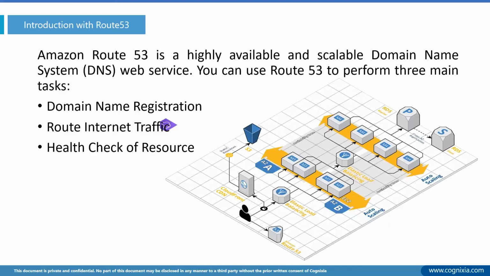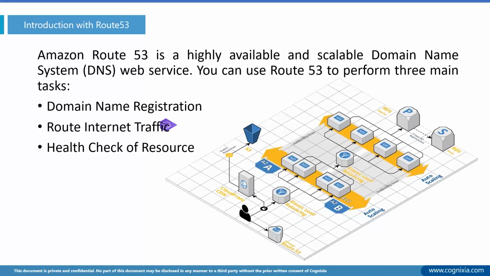So Route 53 is your DNS service, and it routes internet traffic to your website by translating friendly domain names into IP addresses. Route 53 is a highly available and scalable domain name system service, and you can use Route 53 to perform three main tasks.